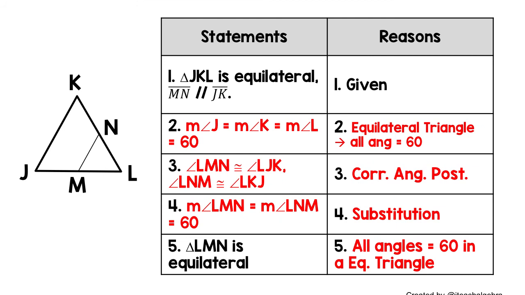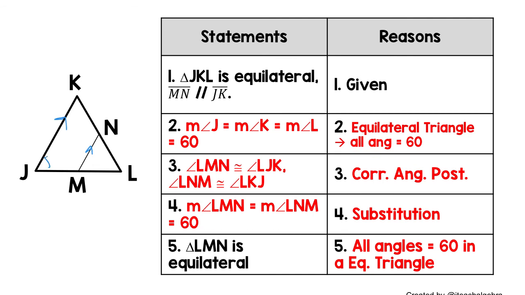We're given triangle JKL is equilateral and segment MN is parallel to segment JK. Well, we know that angle J, angle K, and angle L are all 60 degrees because in an equilateral triangle, all angles are 60 degrees.